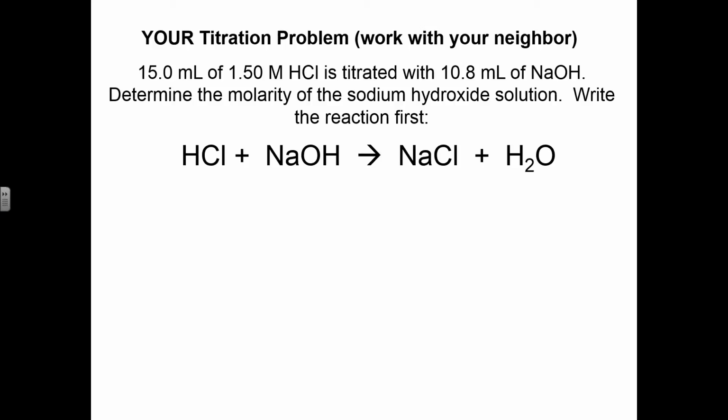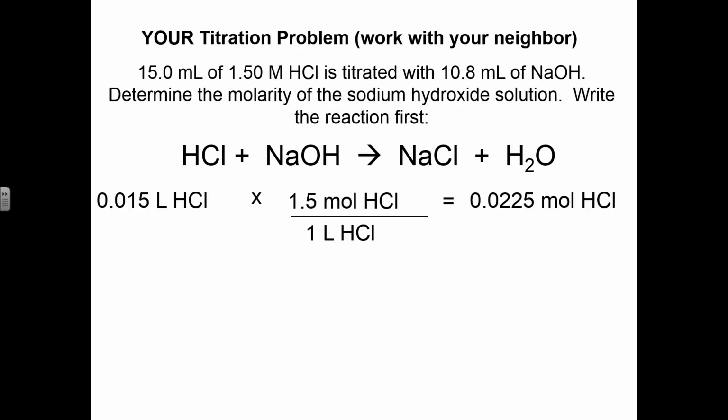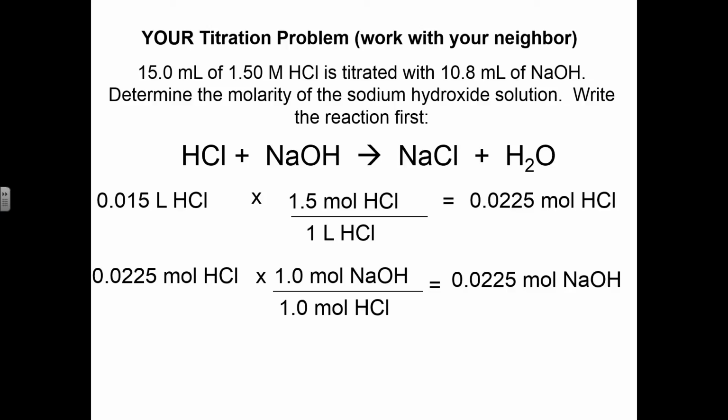And under the base you would write 0.0108 liters. First step, you do the liters times the molarity to tell you how many moles of hydrochloric acid you had to add to neutralize that base. It's a 1-to-1 ratio, so that means there were 0.0225 moles of sodium hydroxide in that mystery flask.